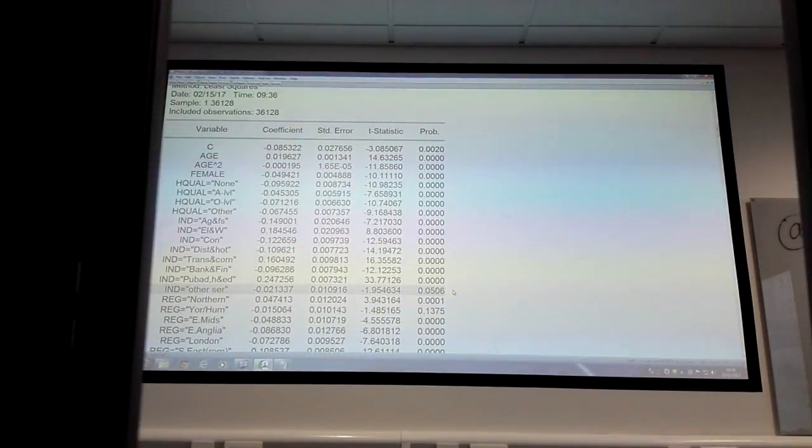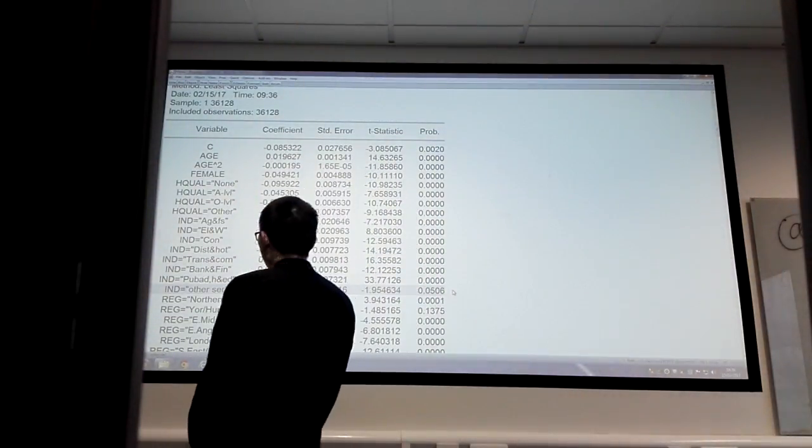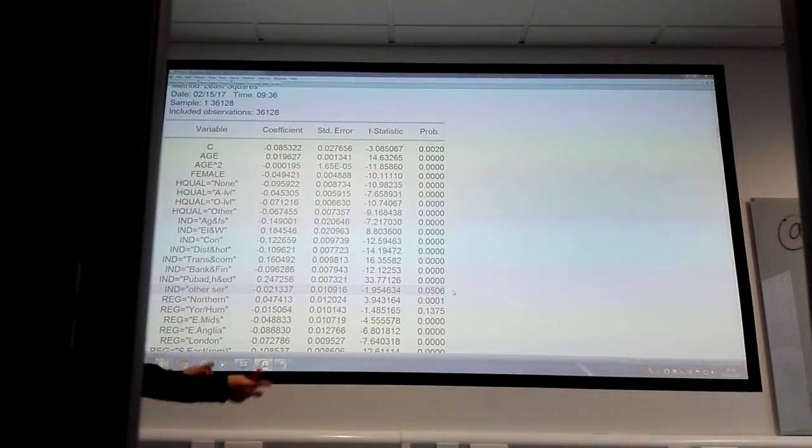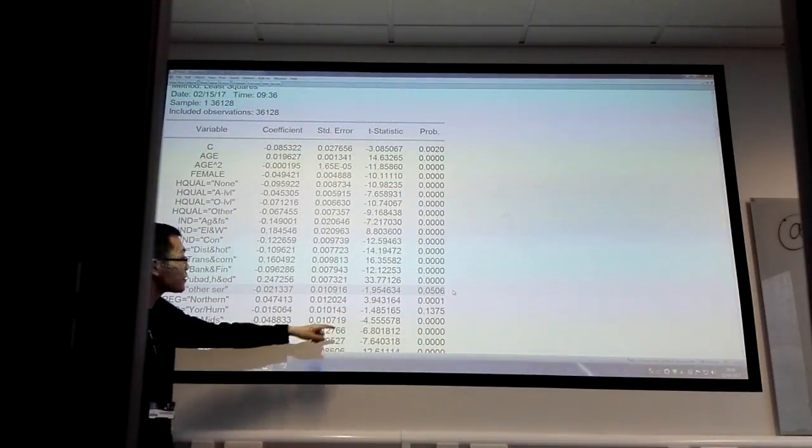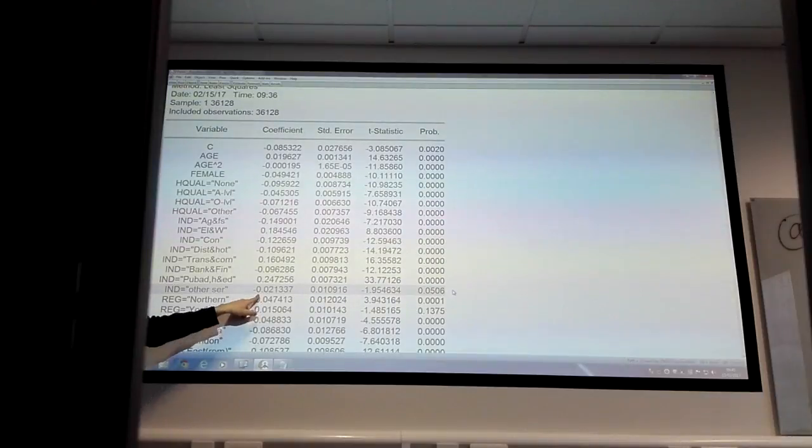So if I choose 5% as the significance level, then compared with a similar cohort from the manufacturing sector, regardless of region, as two similar cohorts who may come from the same region, the cohort working in the other sector is less likely to join the trade union by about 2%.